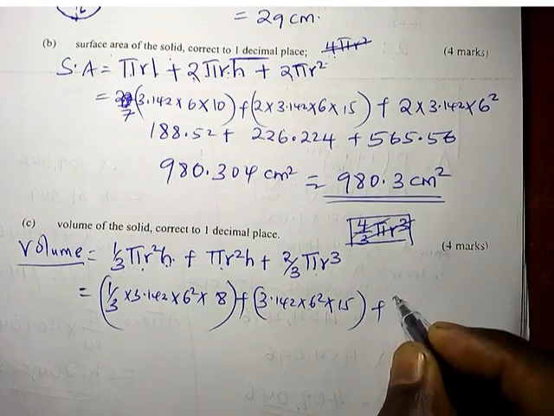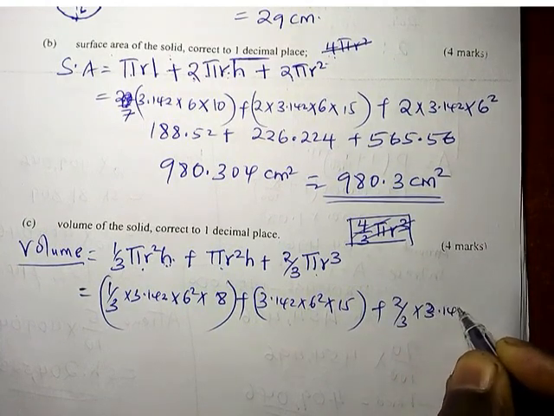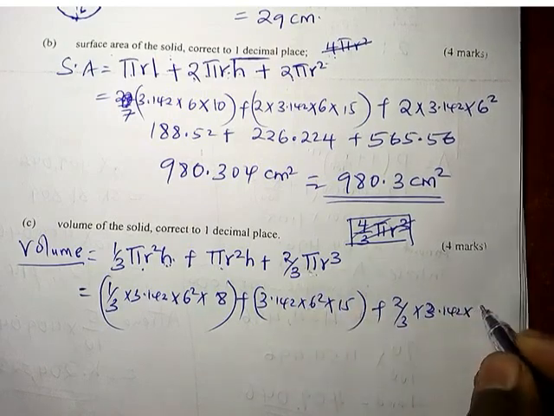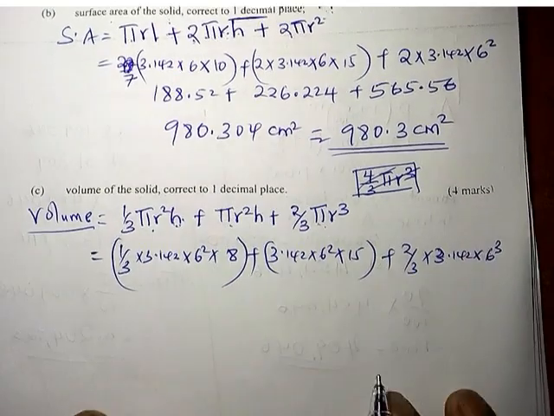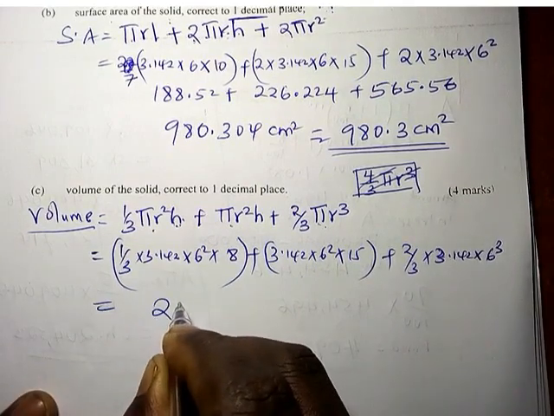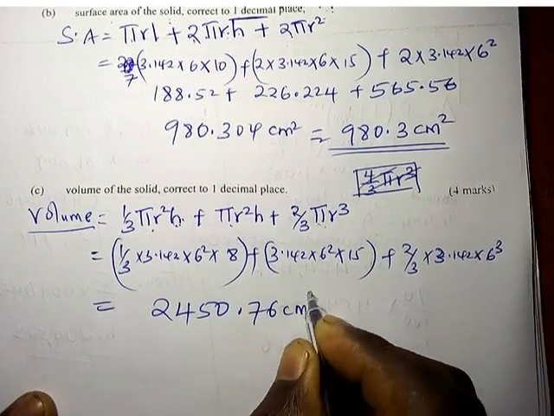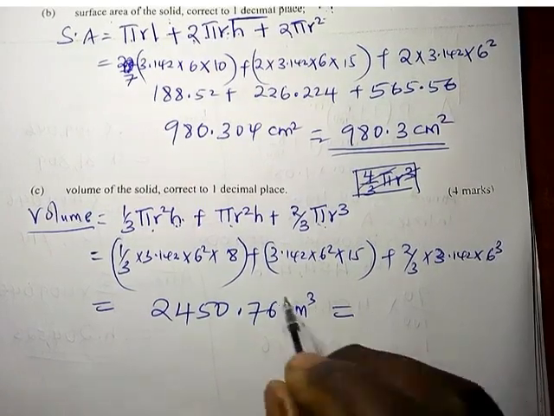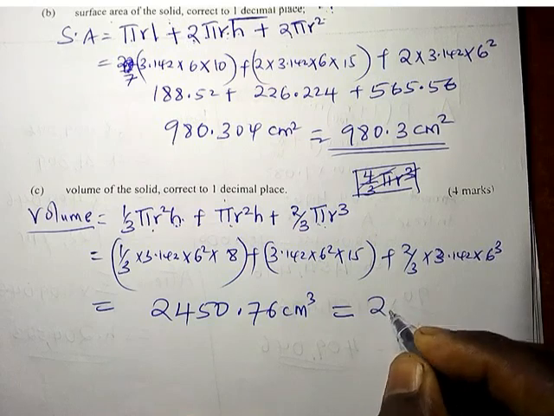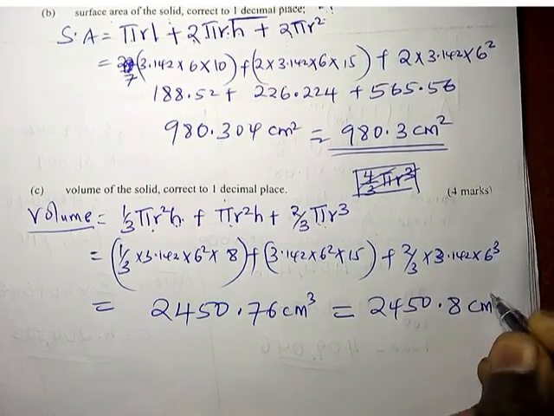And then finally 2/3 times 3.142 times 6 cube. This one will now be a total of 2,450.76 centimeters cube, which to 1 decimal place is 2450.8 centimeters cube.